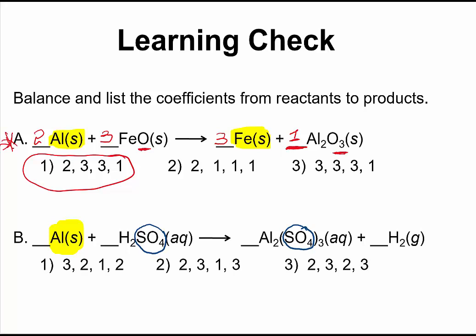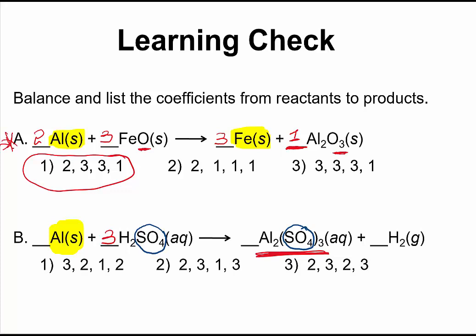This is what I mean. To balance SO4, take a look at the product side. We have 3 SO4. If you place a 3 as the coefficient of sulfuric acid, which is H2SO4, now we have 3 SO4 on the reactant side. SO4 is now balanced on both sides of the equation.